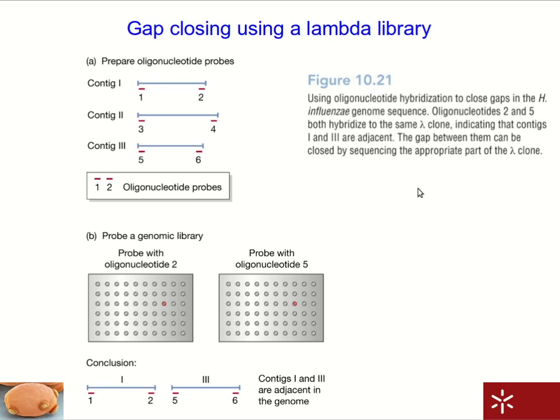Also, the preparation of several DNA libraries for a sequencing project is very labor intensive and time consuming, and faster methods are actually needed, and we'll talk about them later.